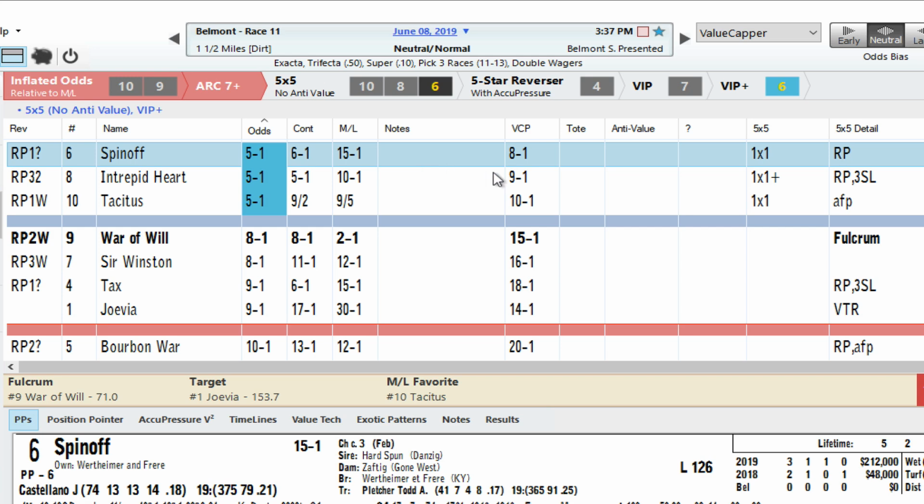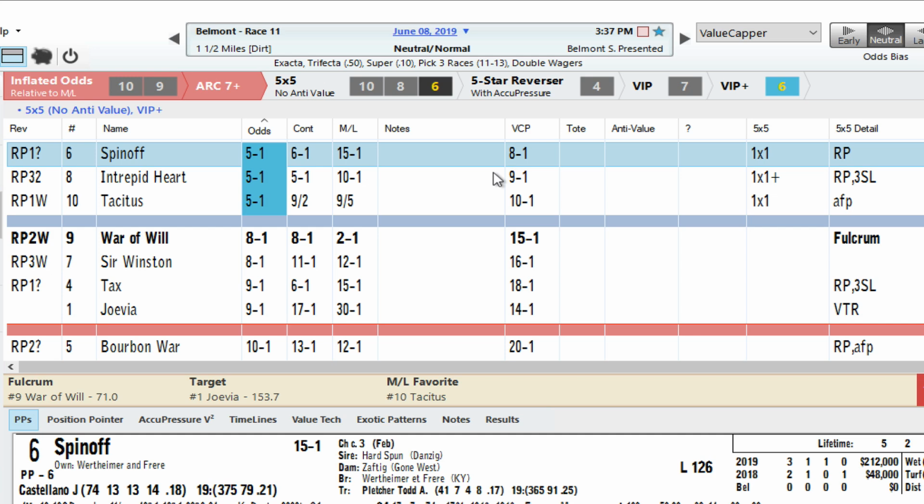In fact, it makes those two price horses, Spinoff and Intrepid Heart, look a little better. So I like knowing that I have Tacitus and War of Will kind of in the mix. Okay, I do not think that they are worth a bet. Now, can they finish 1-2 and it'll be a chalky Belmont? Sure, of course.